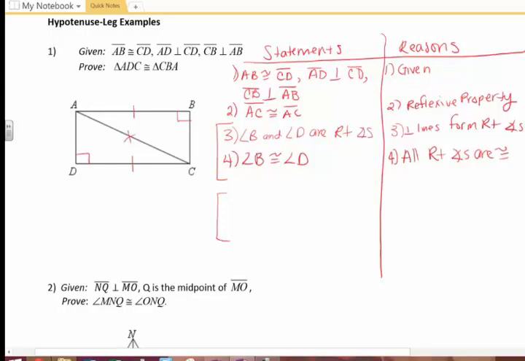Then I can say, all right, now I've got AC and AC as a side, AB and CD as a side, and I have B and D as right angles that are congruent. I have ASS. But it's not really ASS because my A is a right angle, so I have HL. However, HL can't be proven until you first state that triangle ADC and triangle CBA are right triangles.